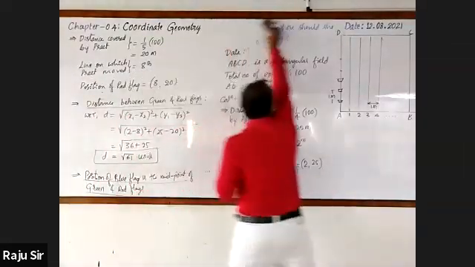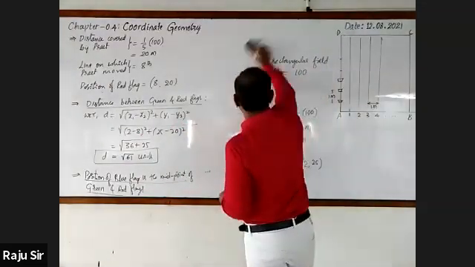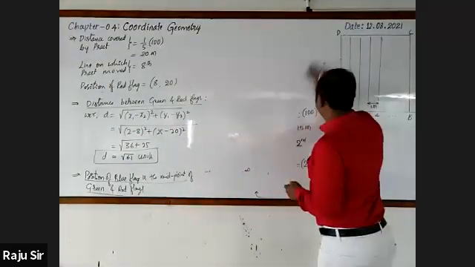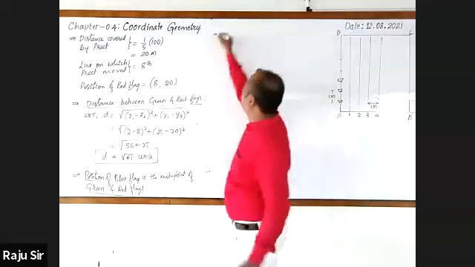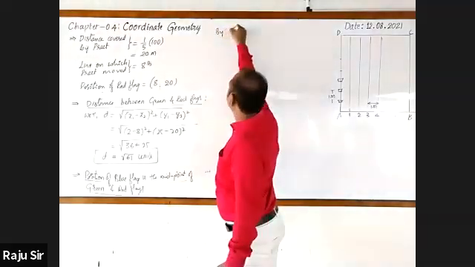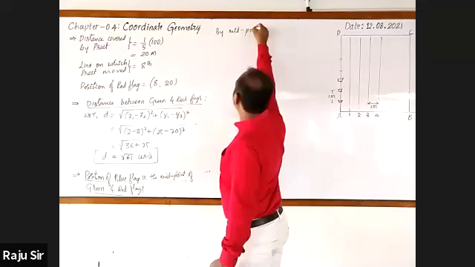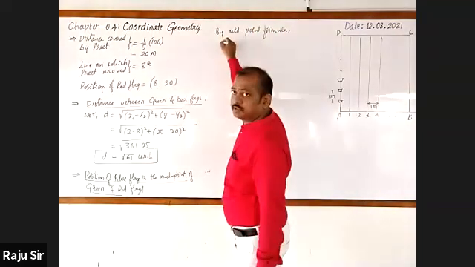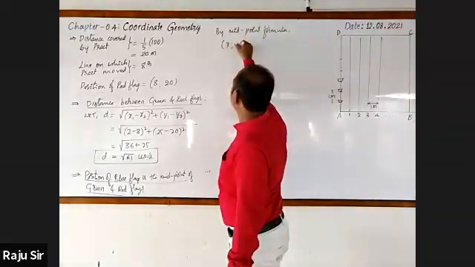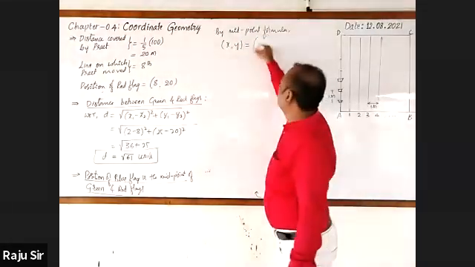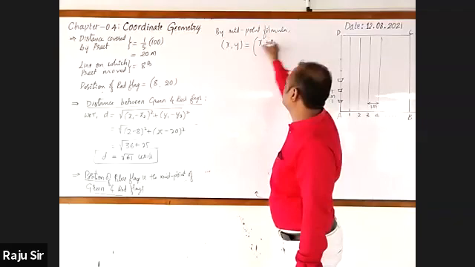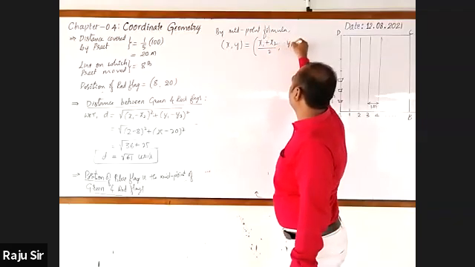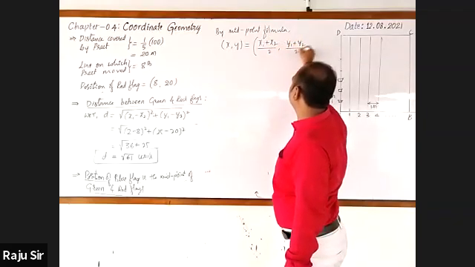So here we have to use the midpoint formula. Use that. It is (x, y) is equal to ((x1 plus x2) by 2, (y1 plus y2) by 2).